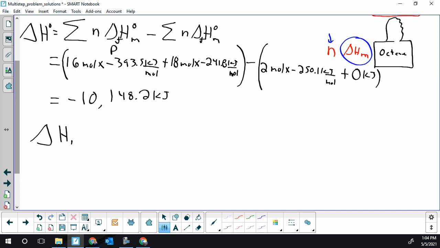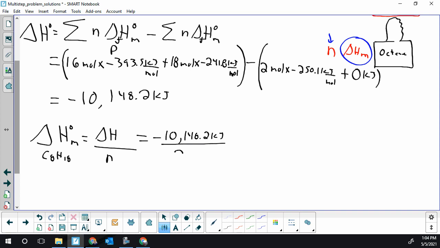and we're doing all of this work so that we can get the molar enthalpy of our fuel, C8H18. To do that, we have to have a corresponding enthalpy change in moles, and our balanced chemical equation with an enthalpy change gives us this. That 10,148.2 kilojoules was released for every 2 moles of octane.